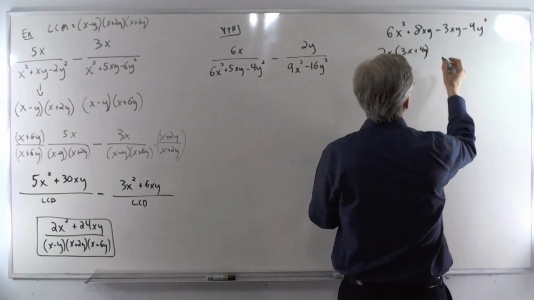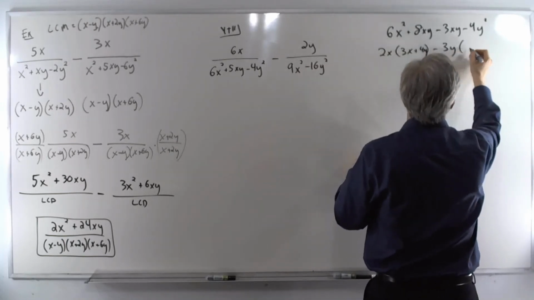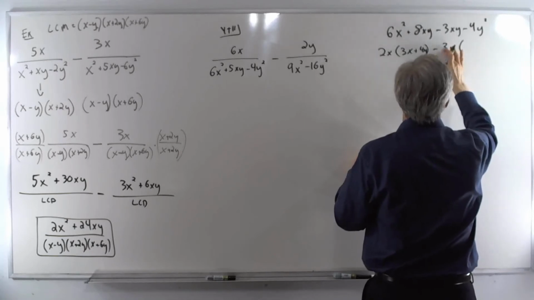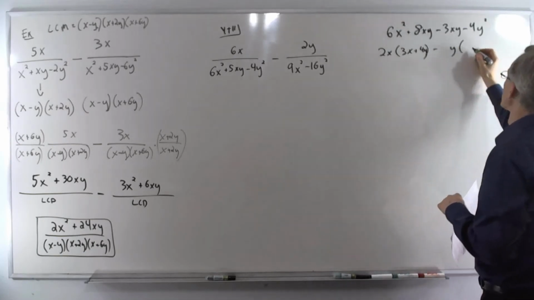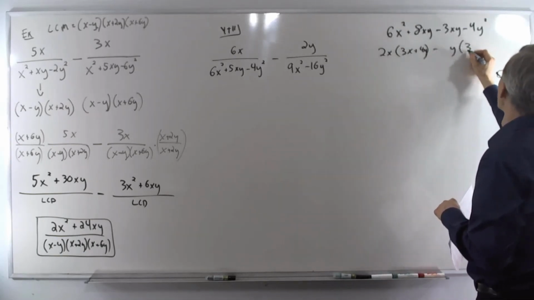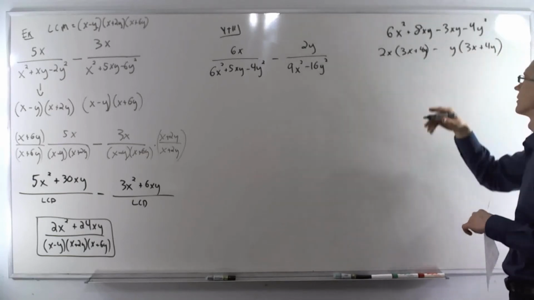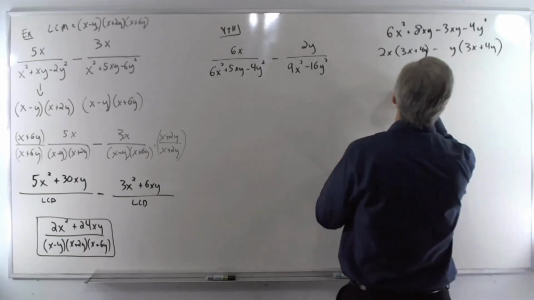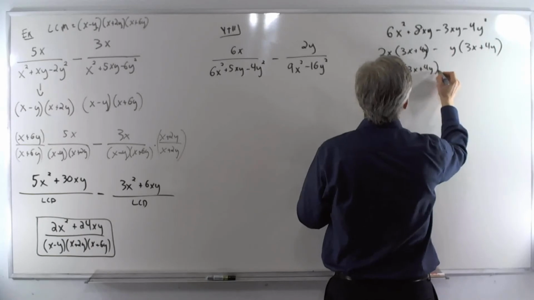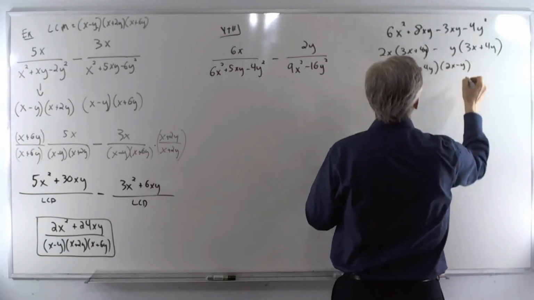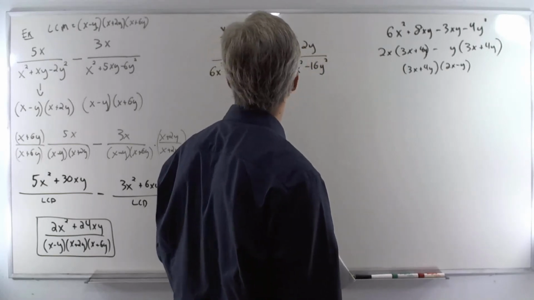And then over here we can factor out negative y. And that gives us, change the sign to positive, 3x plus 4y. And there's our matching binomials. And then that factors into 3x plus 4y times 2x minus y.